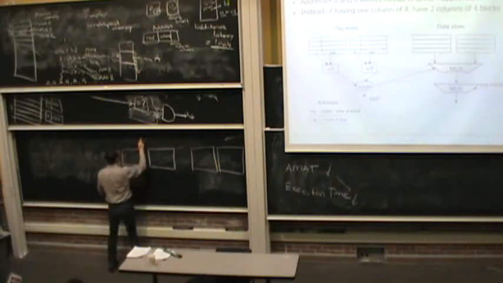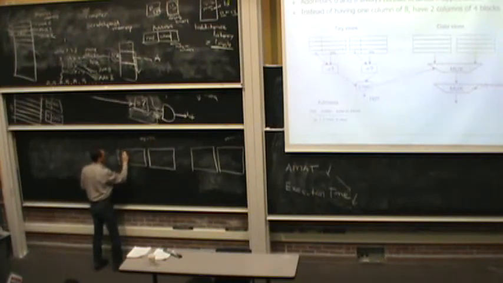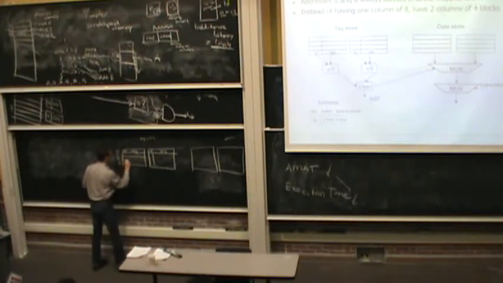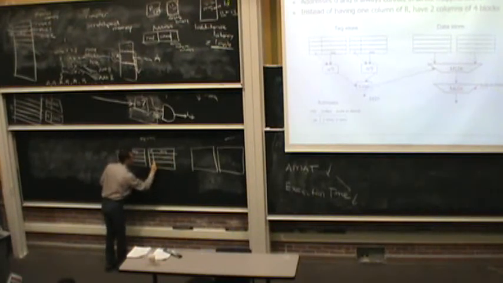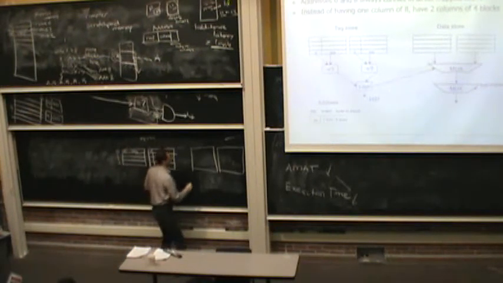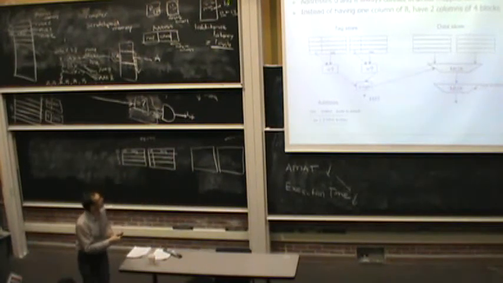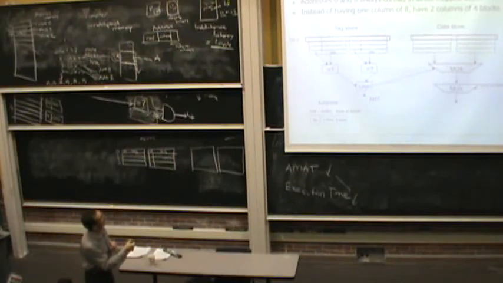Now, in the tag store, for each index we can store 2 things. We have one valid bit and tag, and for the second thing we have another valid bit and tag. And we have 4 of these, if you will. That's the idea of a set. A set is the set of all blocks that share the same index.